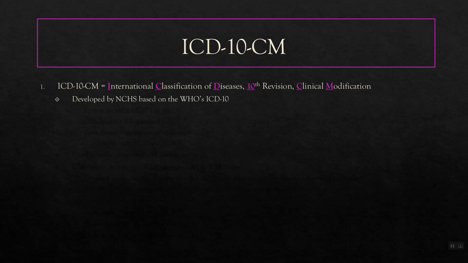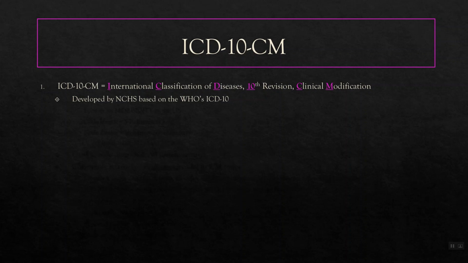It's important to know the name of every code set that you're dealing with, and also who developed it, why, the format, the length of the codes, all that good stuff. ICD-10-CM was developed by the NCHS, or the National Center for Health Statistics, based on the WHO's ICD-10, the WHO being the World Health Organization.